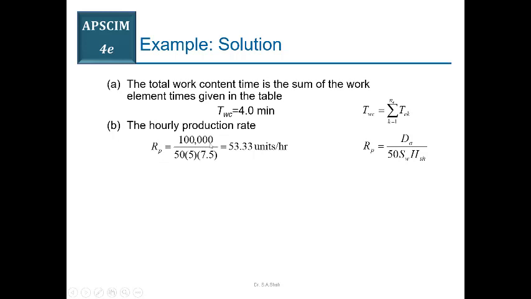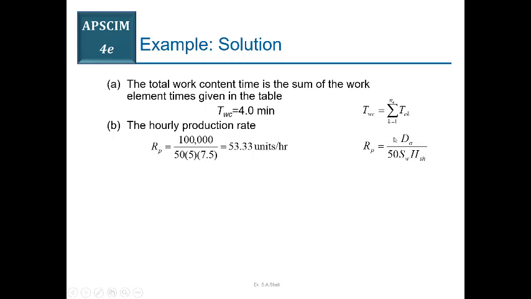Output of any manufacturing or assembly system is the total number of units produced by that system. And here the demand rate is given, which is 100,000 units per year.